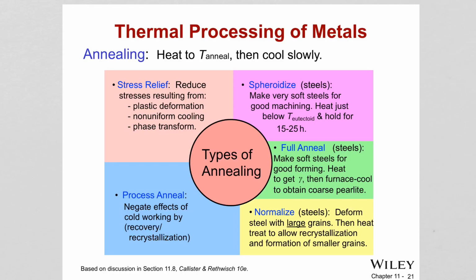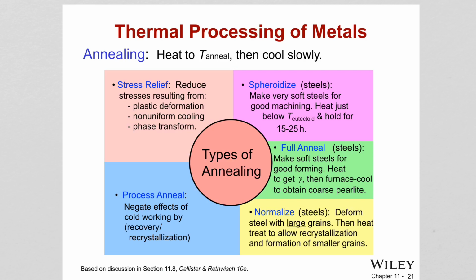And there is spheroidizing. This is for medium and high carbon steels, which might still be too hard to machine and deform plastically. And these materials can be heat treated to develop a spheroidized structure like we have seen previously. And spheroidized steels will have very good softness and ductility.